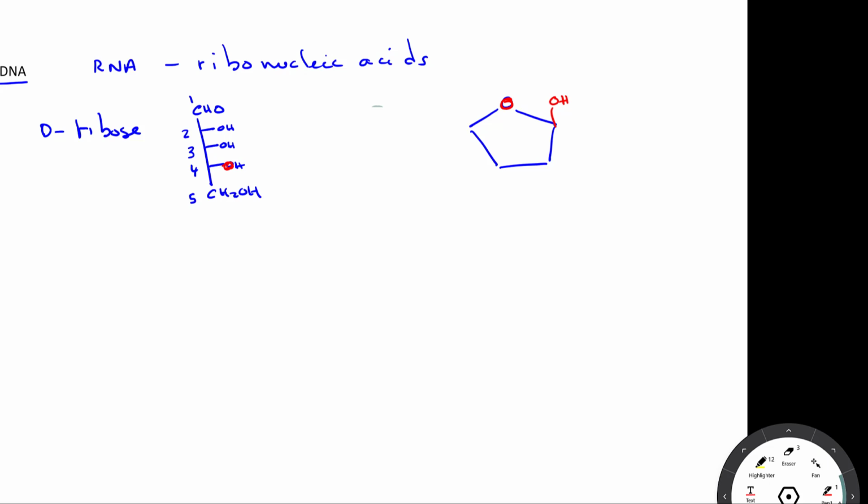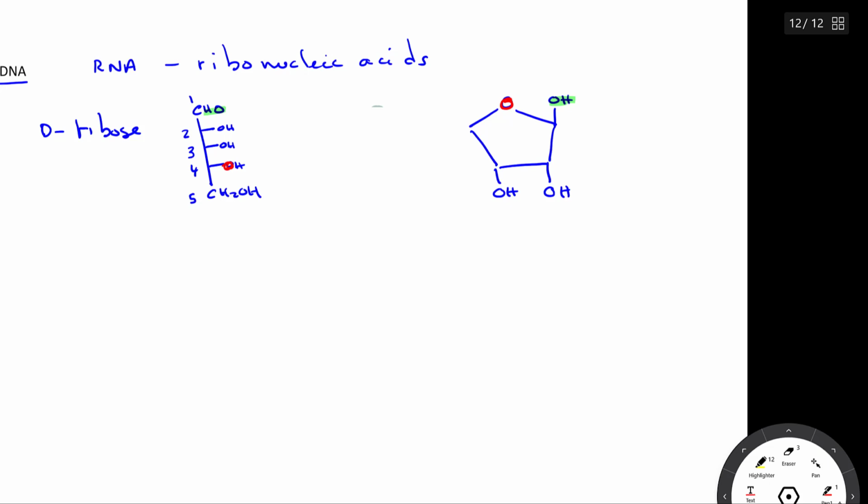Actually, let me draw this in blue, and then I'll just use the highlighter on it. That's this guy here. And then 2 and 3 are both pointed downward. So this is 2, 3.